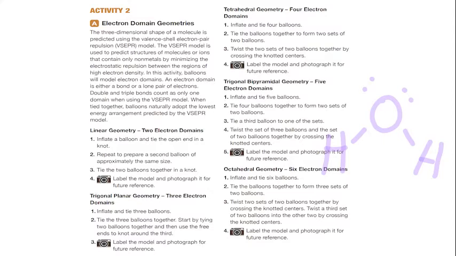What are we going to find in an electron domain? What's going to be there? It's sort of in the title. It's kind of a trick question.